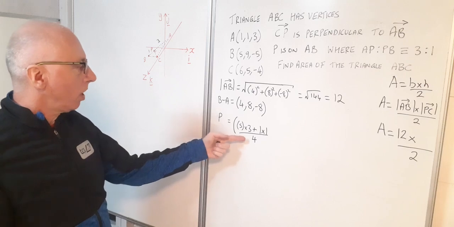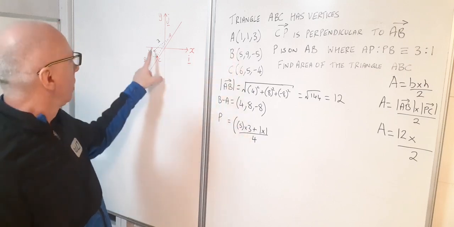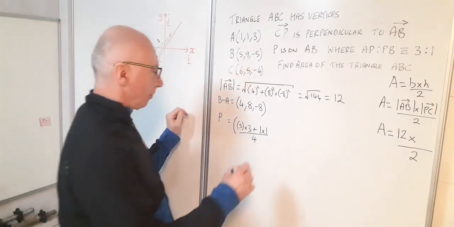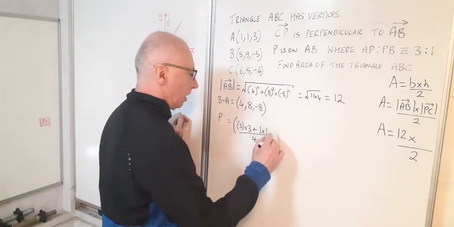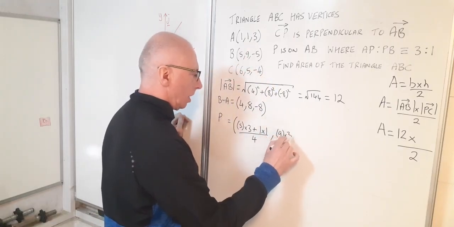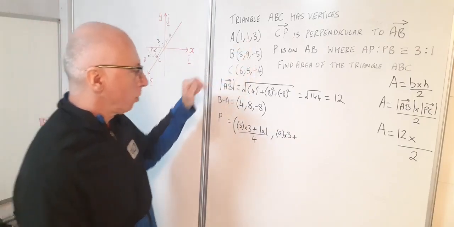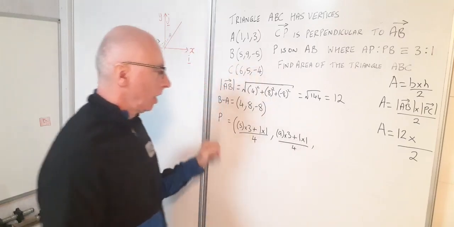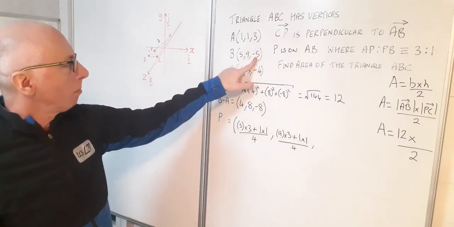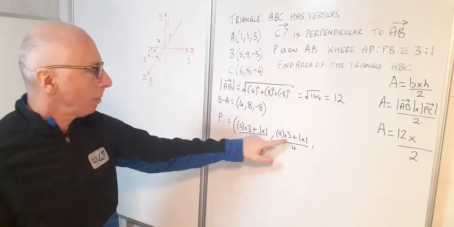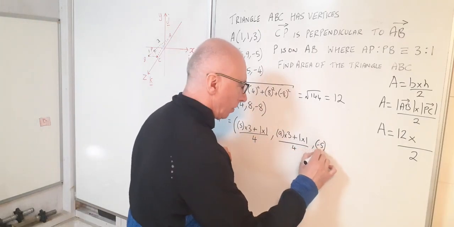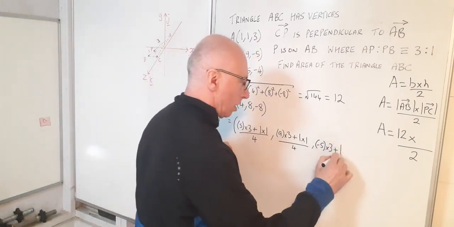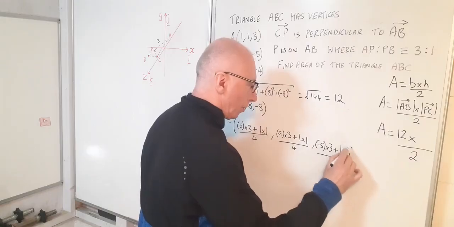Now for the j component, we do the same: 9 times 3 plus 1 times 1, divided by 4. For the last one, we've got minus 5, times that by 3, plus 1 times 3, and then divide all of that by 4.